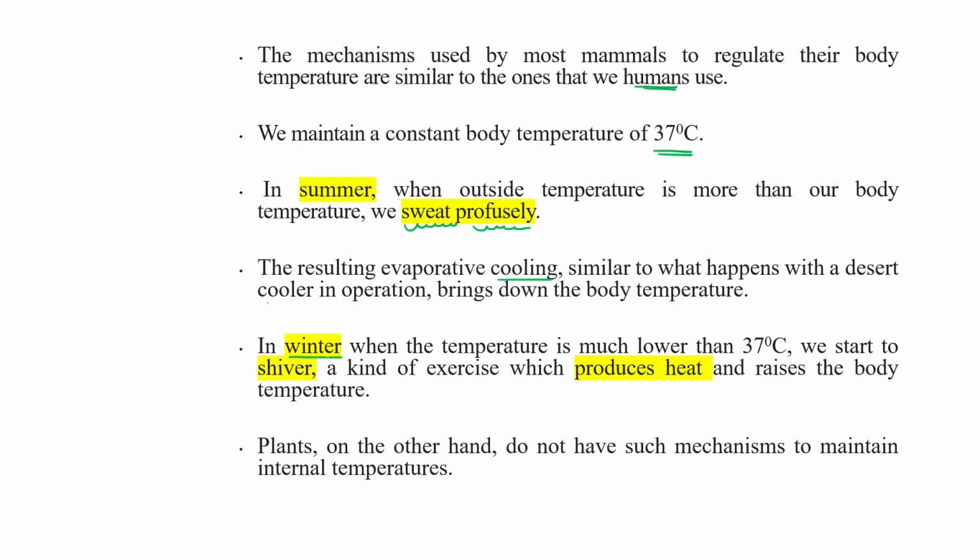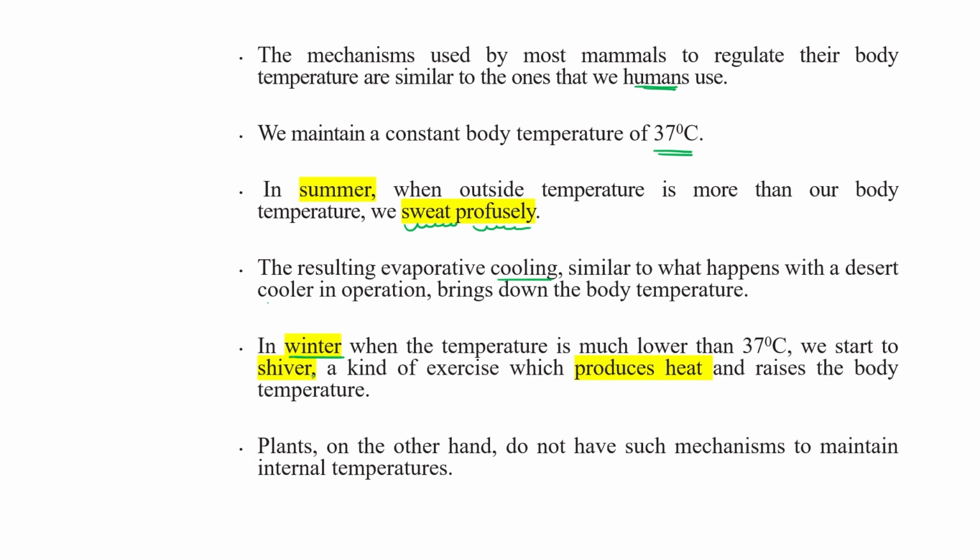Similarly, in winters, when the temperature outside is much lower than 37 degrees centigrade, 10 degrees, 4 degrees, sometimes zero in Western countries, our body very quickly regulates its temperature. How? Because of shivering.